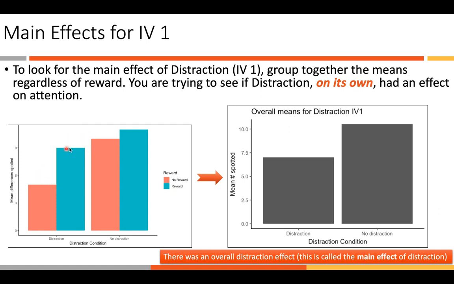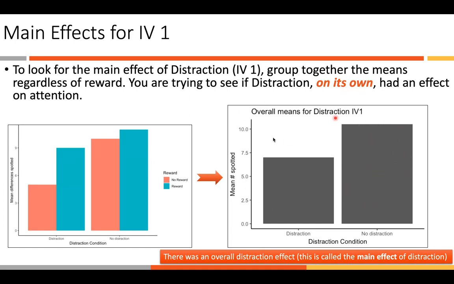And if we pretend like they don't exist, what that means is that we average across. We average the 2 distraction bars across reward to get a single distraction bar. We average the no distraction bars across reward condition in order to get a single no distraction bar over here on the right.